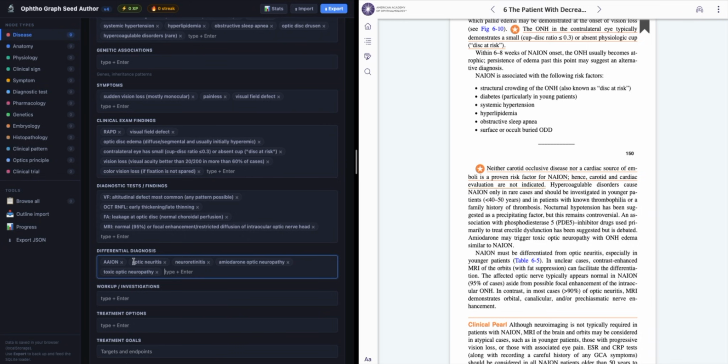And I would say optic neuritis generally encompasses all other kinds of inflammatory optic neuropathies, but we can still include that.